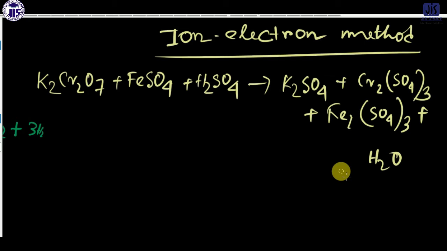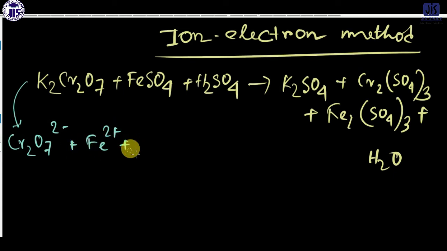So first of all, as it is the ion electron method, we have to express the reaction in the ionic form. How is it possible to express the reaction in the ionic form? We can write the reaction this way: Cr2O7 2 minus plus Fe2 plus, plus H plus, because during balancing we will manage the rest.